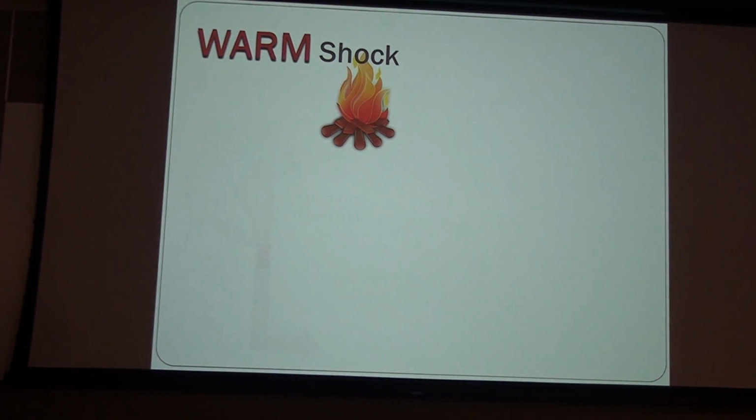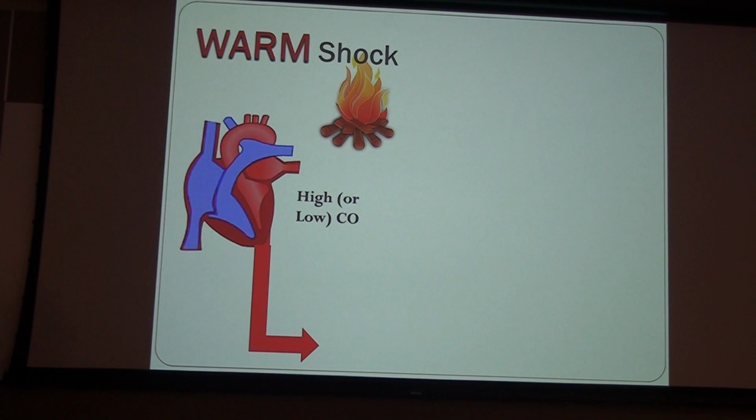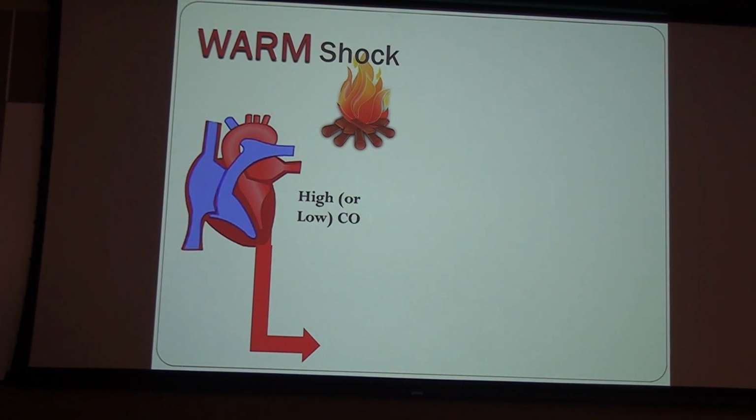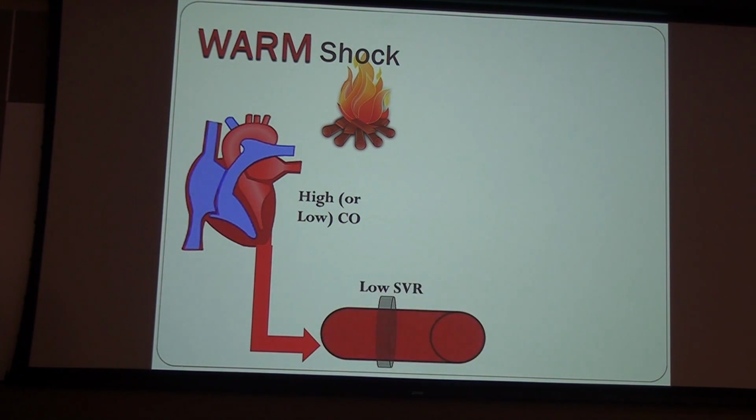Warm shock, you may have a hyperdynamic heart with high cardiac output, or because your volume is down and your preload is low, you might actually have low cardiac output. But the big thing here is that you're vasodilated peripherally, so your systemic vascular resistance is low.